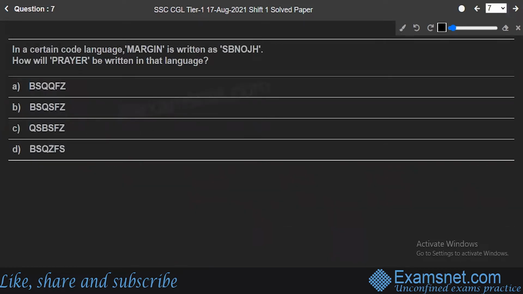In a certain code language, margin is written as this set of alphabets, and what will prayer be written as in that language? Let's write down margin first of all, and below that, S, B, N, O, J, H. Now let's see the alphabetical place values.